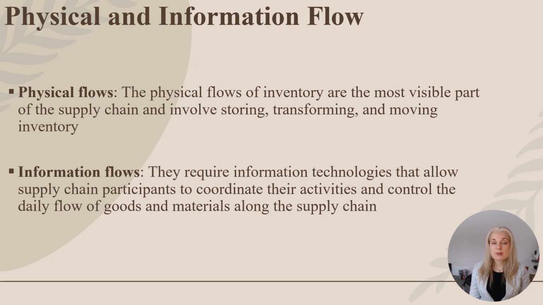And with information flow, coordination is key. You need to make sure that all the stakeholders are on the same page and have access to the most timely information to make key decisions.